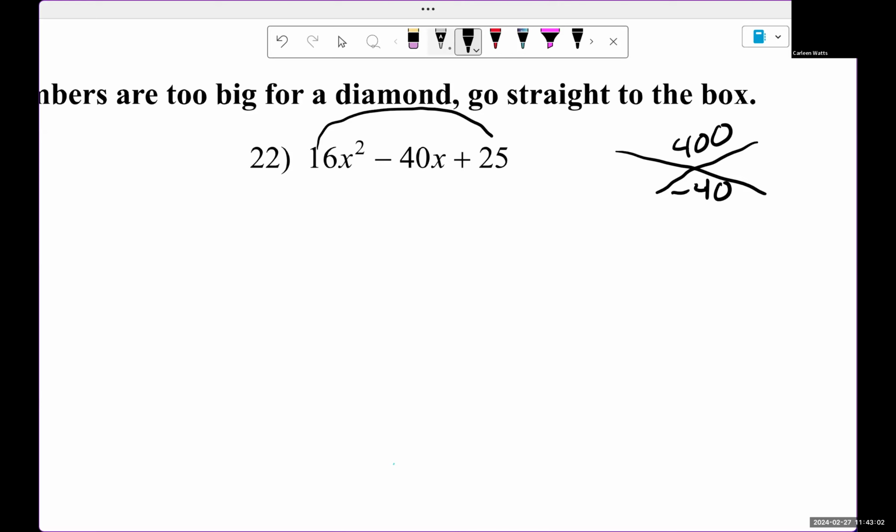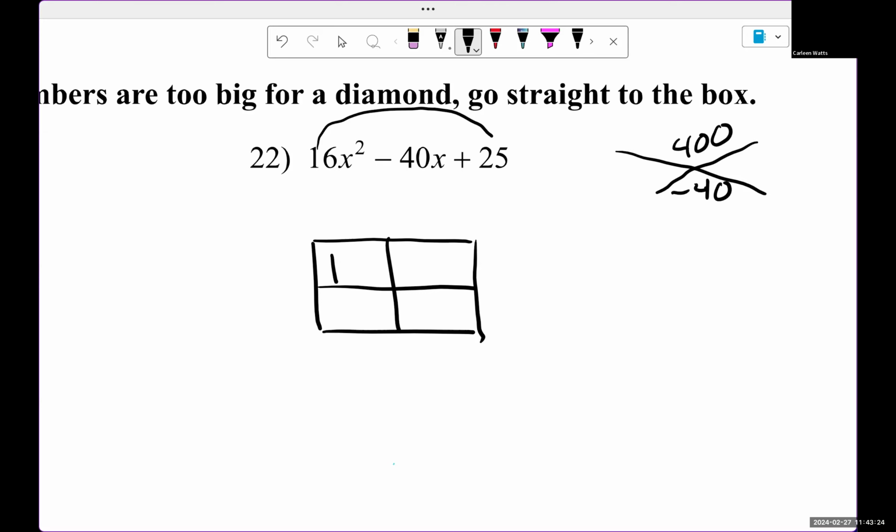Let's say I'm stuck. If I can't complete the diamond, do I just quit? No, let's just go to the box. What happens if you get a number and you can't think of two numbers that multiply to get to the top and add to get to the bottom? Okay, let's skip the diamond.